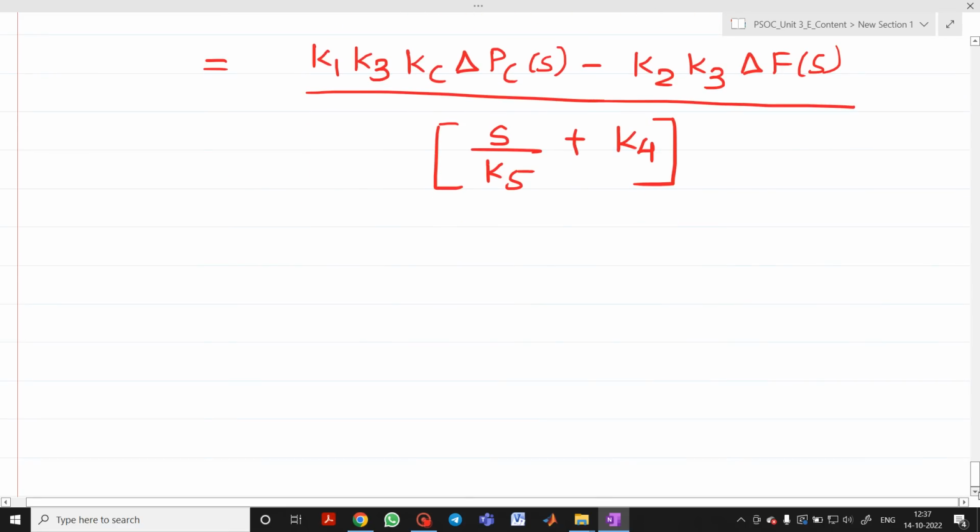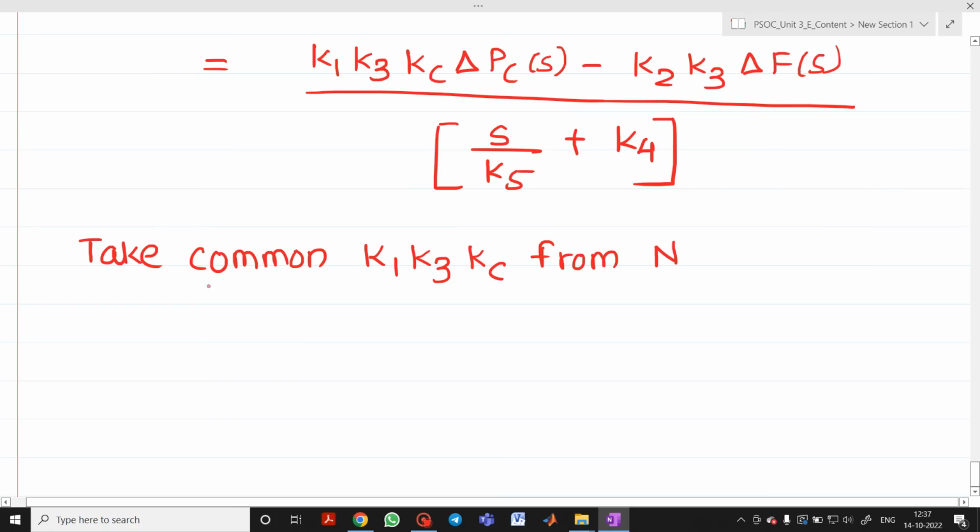Now what will I do? Take common k1, k3 and kc from the numerator, and take common k4 from the denominator.